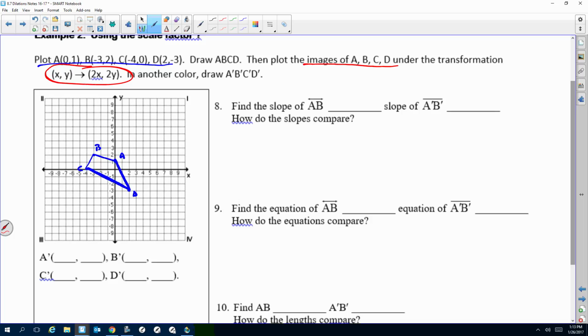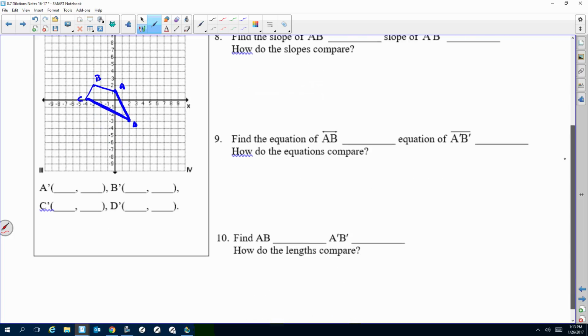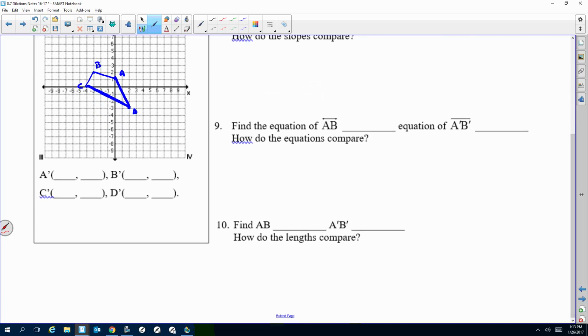So the scale factor is 2, and we're going to multiply the x and the y coordinate. So I'm going to scoot this up just a little bit. We're just going to put in and graph it. So we should have 0, 2, and then B was negative 6, 4, negative 8, 0, and then 4, negative 6. Right.